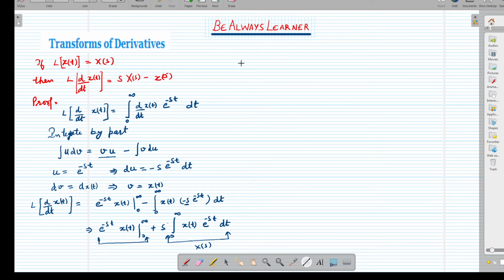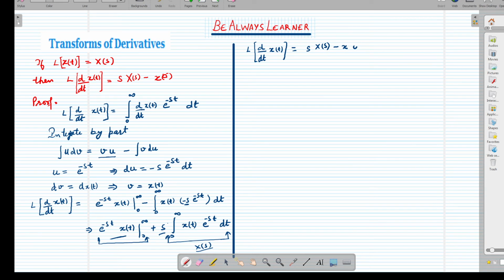Further, this equation can be written as the Laplace transform of d by dt of x, which is equal to sX(s) that we get from this, and this initial condition is minus x(0 negative).